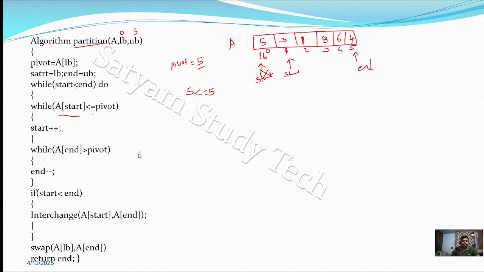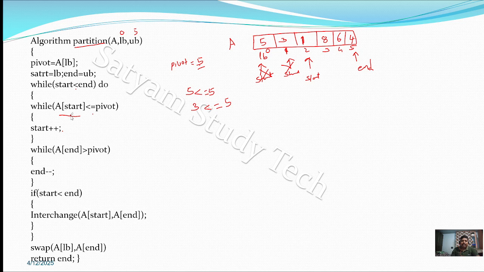Here also we check the same condition: A of start is 3, and 3 is less than or equal to the pivot 5, so it is also true. Then start is incremented by 1 again.